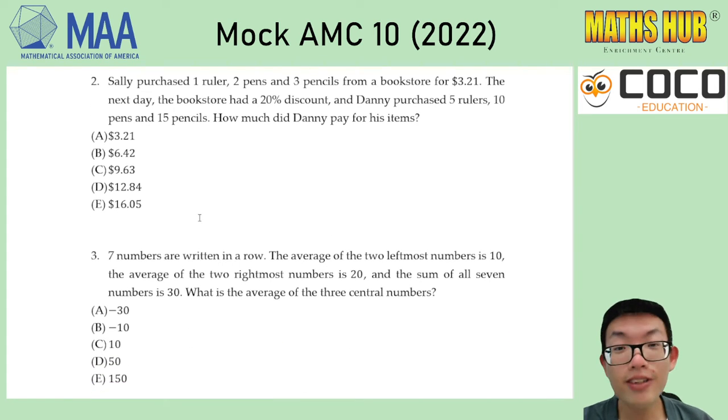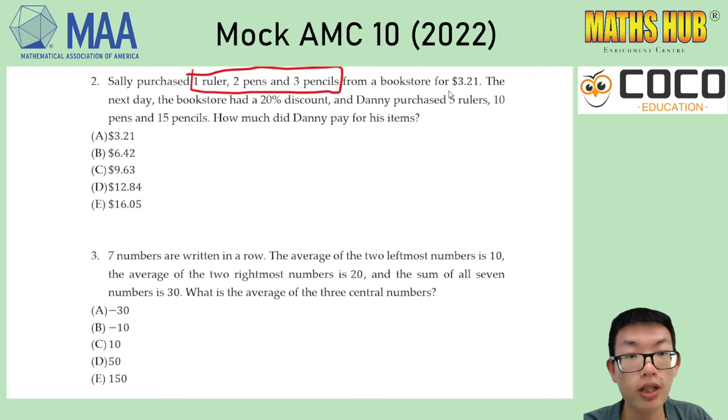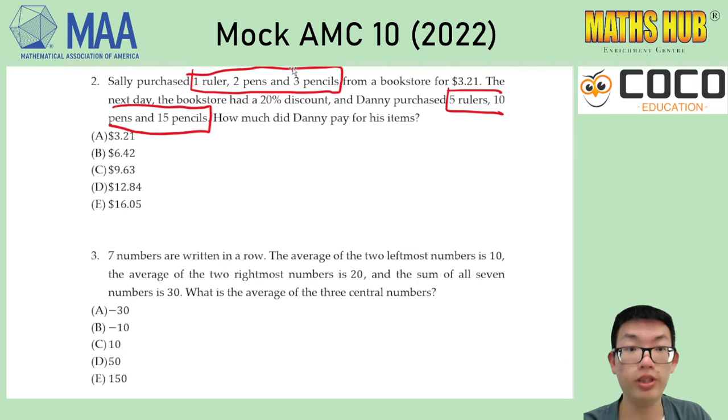Sally purchased 1 ruler, 2 pens, and 3 pencils from a bookstore for $3.21. The next day, the bookstore had a 20% discount, and Danny purchased 5 rulers, 10 pens, and 15 pencils. How much did Danny pay for his items? Well, we don't have enough information to find out how much the ruler, pen, or pencil would individually cost. But we do have enough information to just jump straight from this block to this block, since the ratio is still 1:2:3.